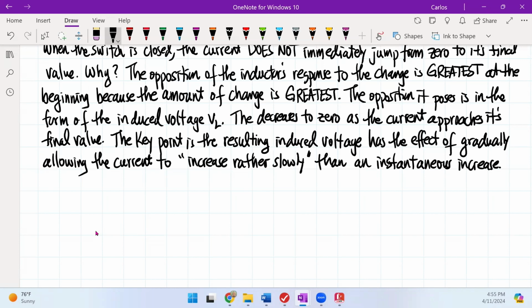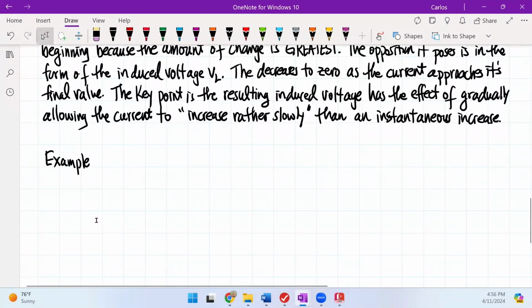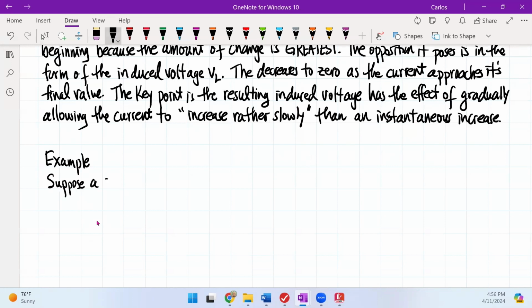Just to round out this discussion here, even a circuit that does not contain an inductor still has some inductance. Here's one more example before I close this discussion. Suppose a circuit does not contain an inductor.